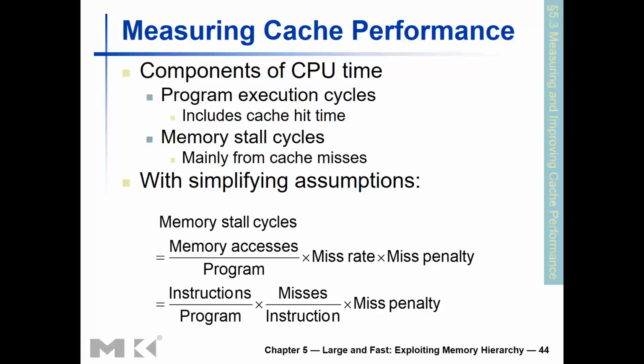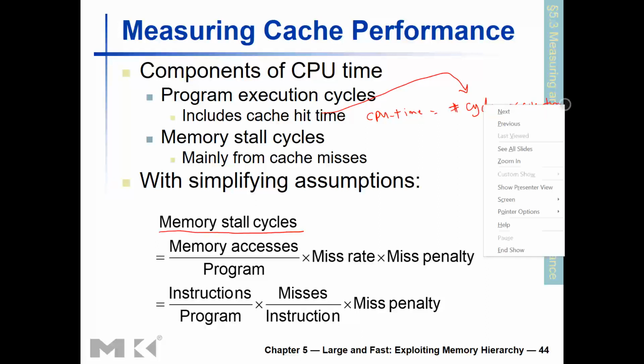Okay, so as we said, the issue comes in with those memory stall cycles. So we need to find out how many of those stall cycles there are, because in my CPU time they will be added. With CPU time we have the number of cycles that I need to execute, based on the hit time times the cycle time.